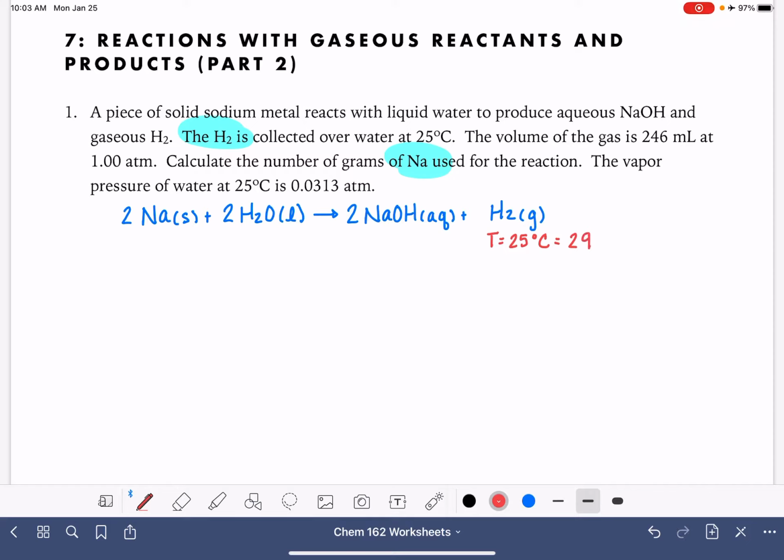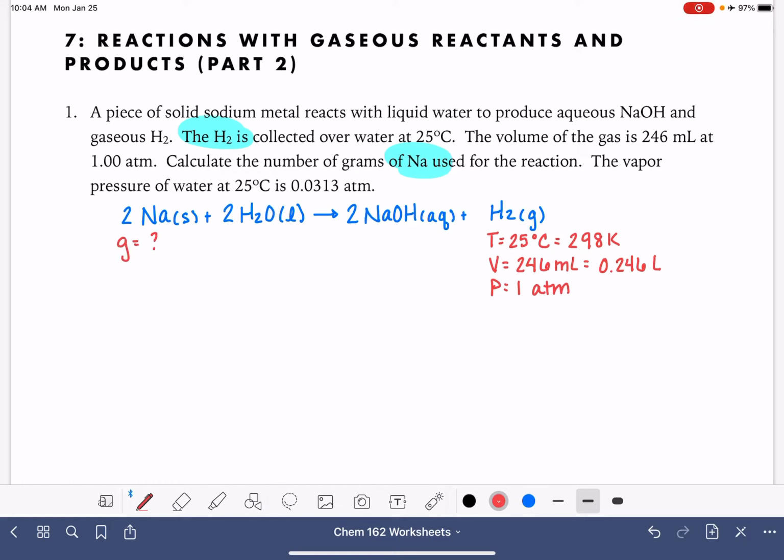So Celsius is not going to be an OK unit. The volume of the gas is 246 milliliters, and we'll convert that unit as well into liters, 0.246 liters. And the pressure is 1 atmosphere. And it wants us to calculate the number of grams of sodium.